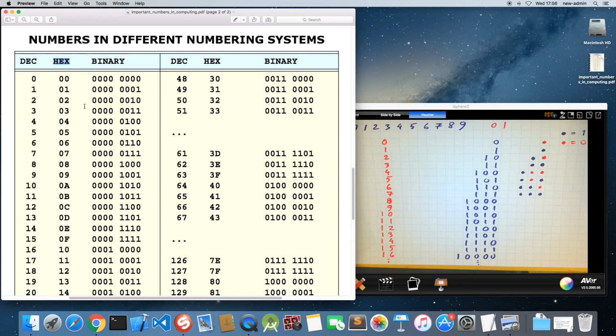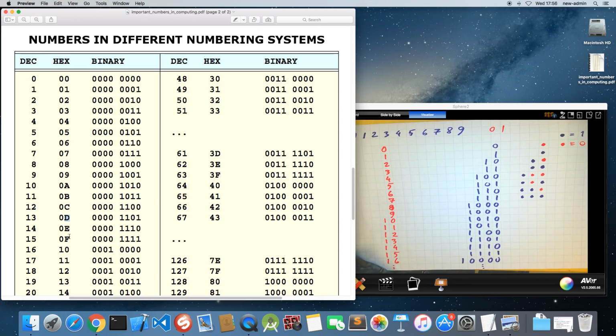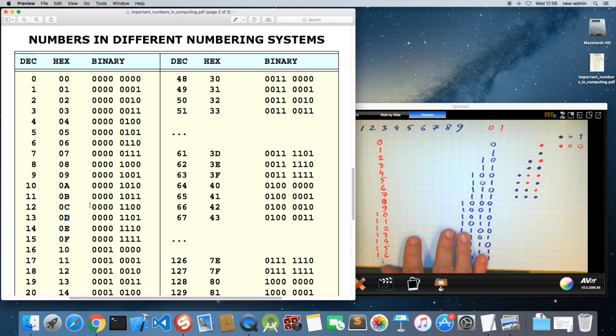And the hexadecimal numbers are such that there are altogether 16 different numerical symbols in use. So in addition to these normal numerical symbols that are used in the decimal system, we have symbols A, B, C, D, E, and F. So the letters from A to F are also used as numerical symbols in the hexadecimal numbering system.